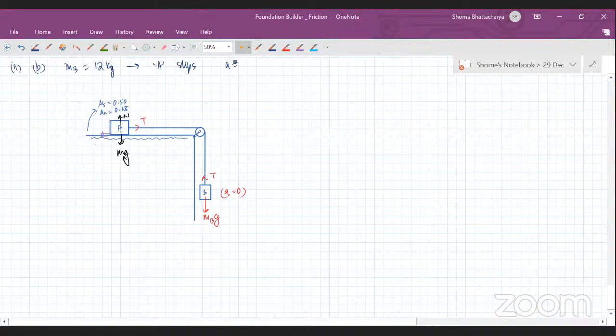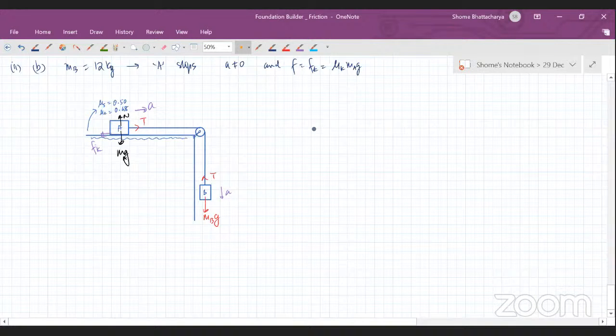So the acceleration will be non-zero, and the friction will be kinetic friction equal to mu k into weight of A. So we can see here that this block will have an acceleration like this. This block will have a downward acceleration of same magnitude. And this will be kinetic friction acting.